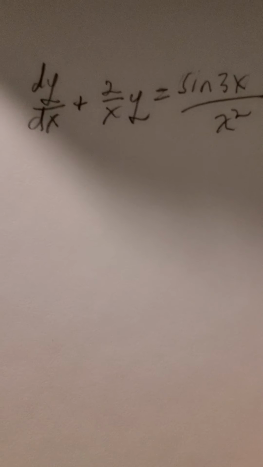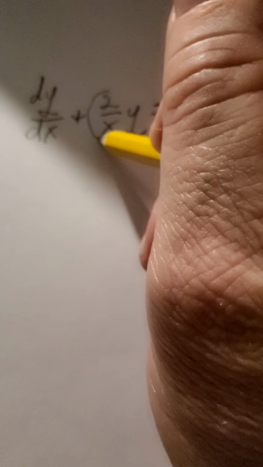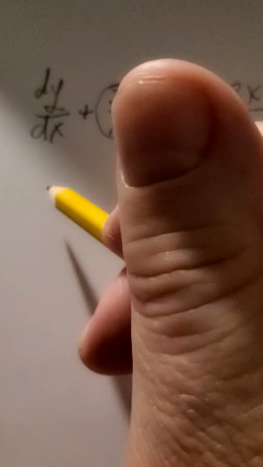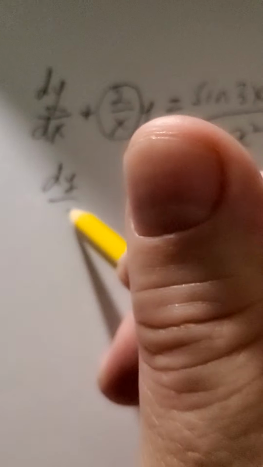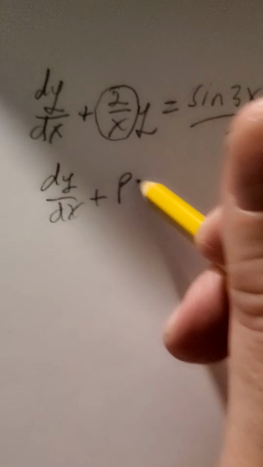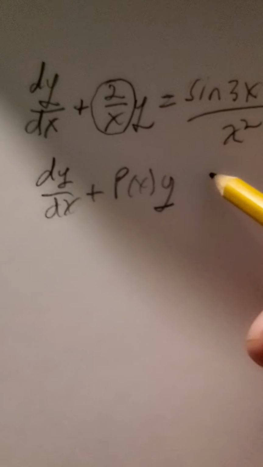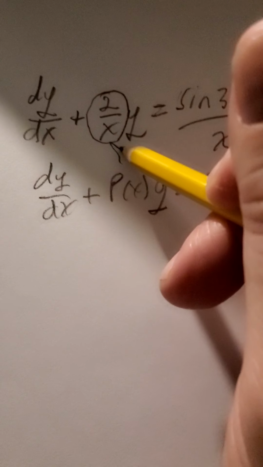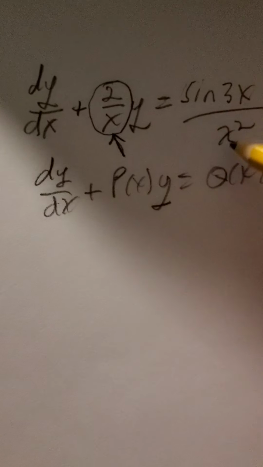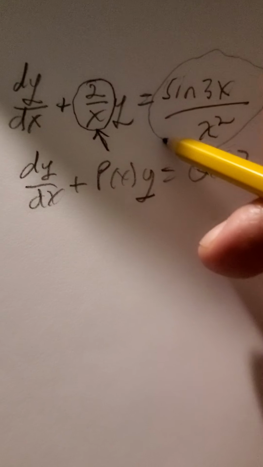So now I need to find a multiplier. So I'm going to let this be my p of x, because I get it in the form dy/dx plus p of x y equals q of x. So how it matches? P of x is here. So I'm matching up everything. Q of x would be this function here. Okay, so I need a multiplier to simplify that equation so that I can solve it.